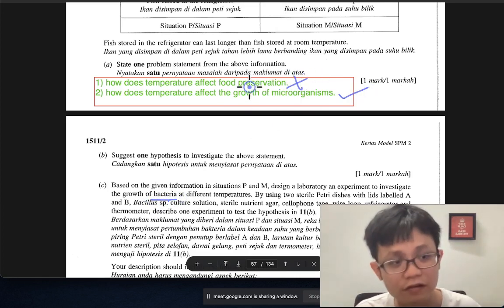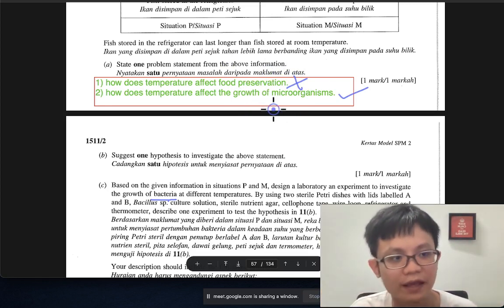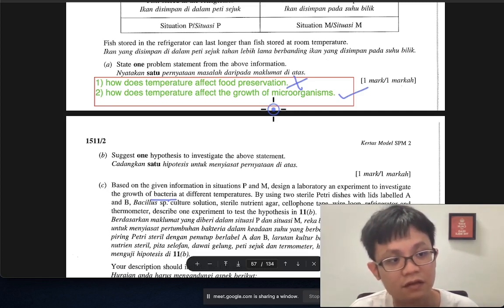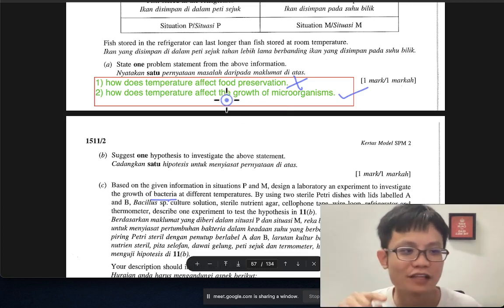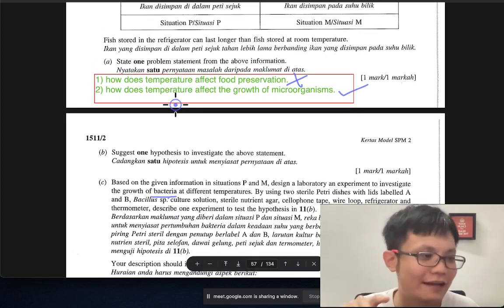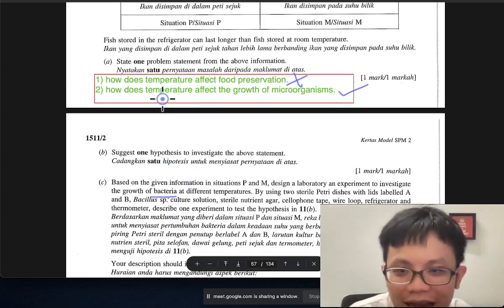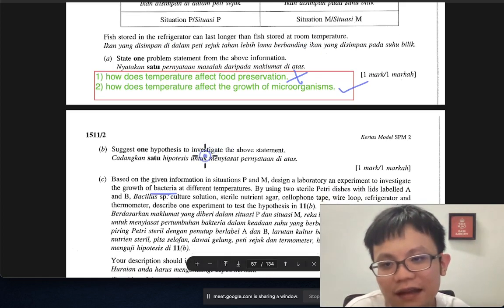Actually, I think it's correct, but we teachers need to follow the marking scheme. Maybe the question is not designed properly, or maybe it is designed for students to read C in order to get the A. I don't know, maybe they want to design it like this. Anyway, you use your own judgment. When you take the exam, you study smartly.